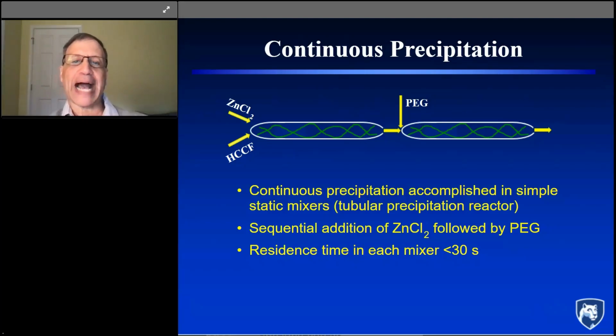What comes out of this will be precipitated IgG with all of the host cell proteins remaining in solution so that they can simply be filtered away from the monoclonal antibody product. The total residence time in this system is less than about 45 seconds, allowing us to very quickly get our precipitated protein, which can then be purified by a membrane filtration step.